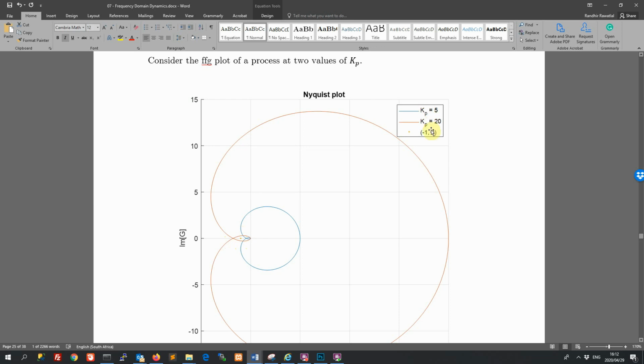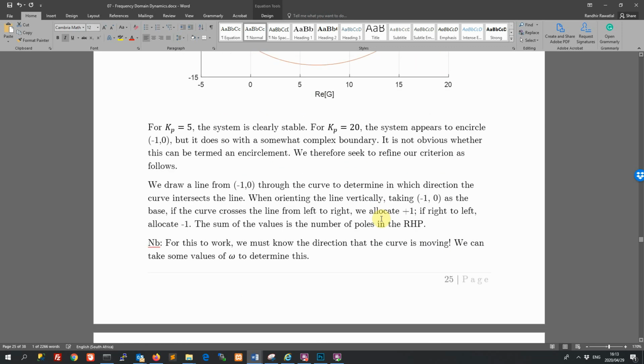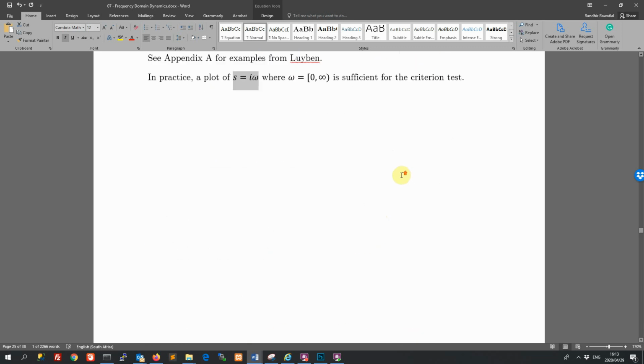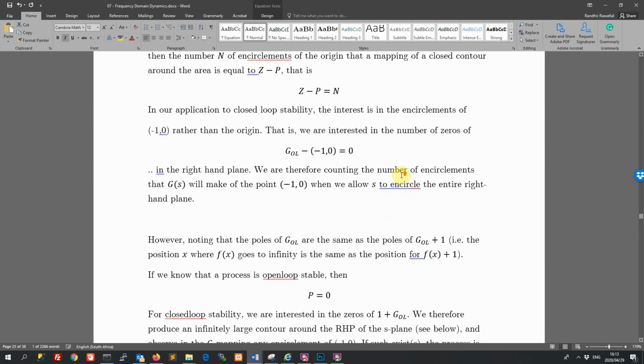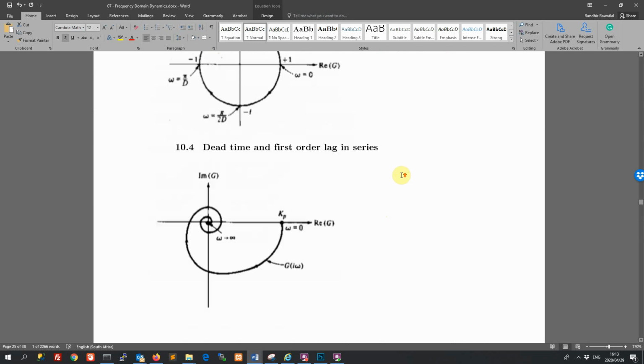What's the value for Kp where we are just going unstable? What's the value of Kp that causes the point here to just start touching this minus 1, 0? And we do that through these concepts of gain and phase margin, which we've been talking about to some extent here already.